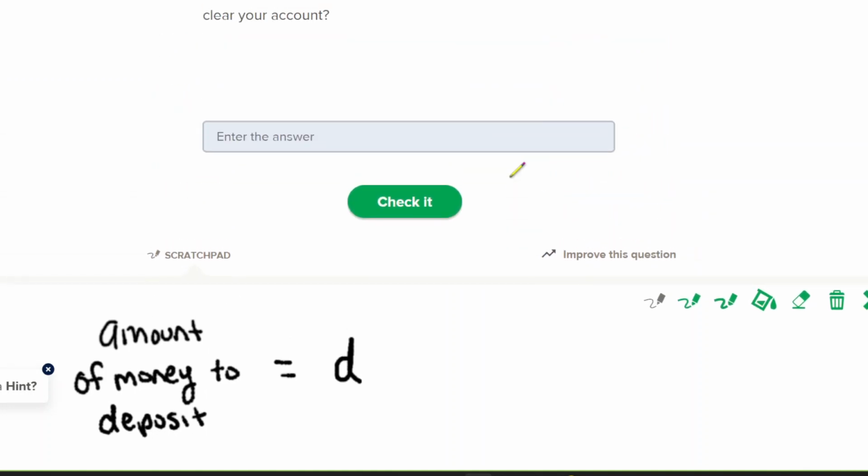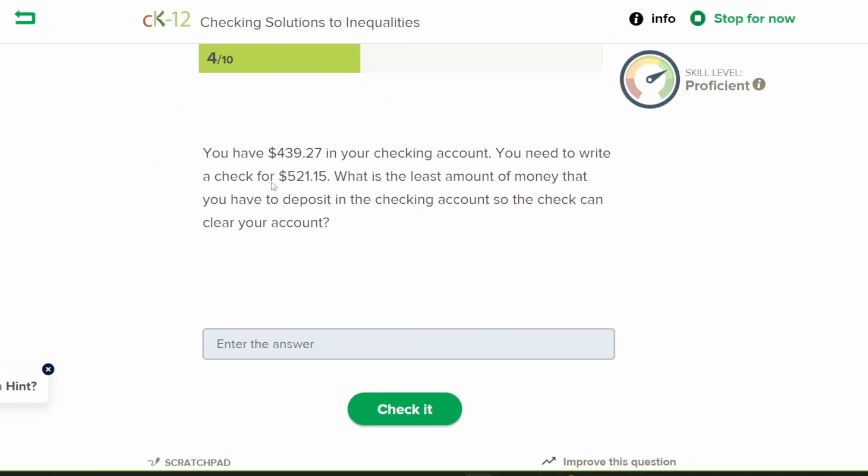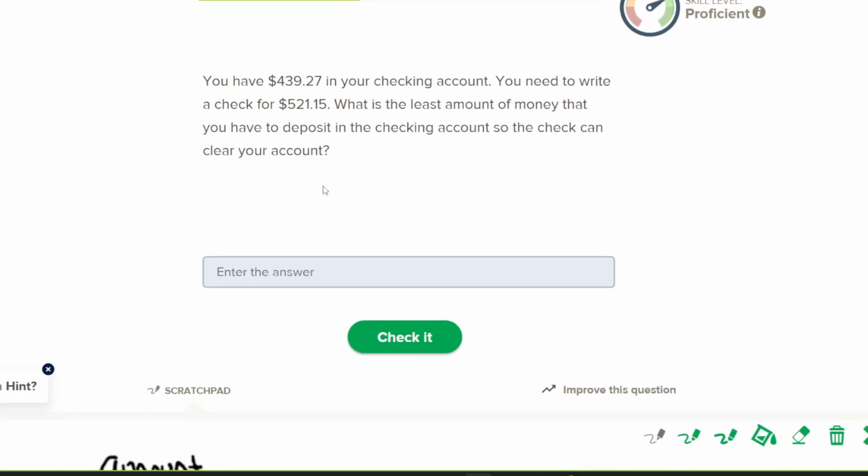And then we read back through and try to set up some sort of equation, or I'm assuming here we're going to set up an inequality to help us solve the problem. Now, we would like to have 520 at least, right? You need to have at least $521.15 in the checking account for the check to clear.